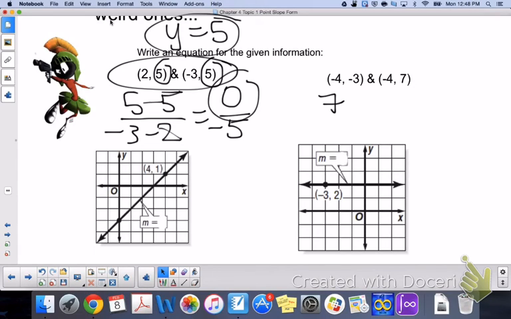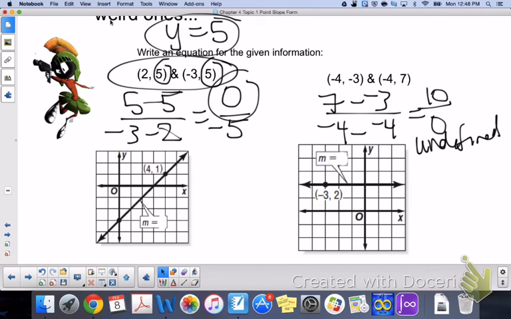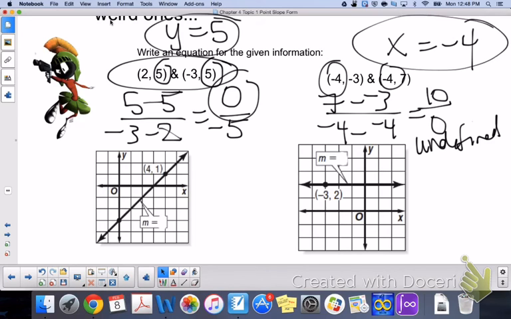This one, when you find the slope, and the 0 is on the bottom, you get 10 over 0, that's an undefined slope. Remember from chapter 3, your equation is x equals negative 4. So those are weird ones because they don't follow the normal rules. You just write them as either x equals negative 4 and y equals 5.